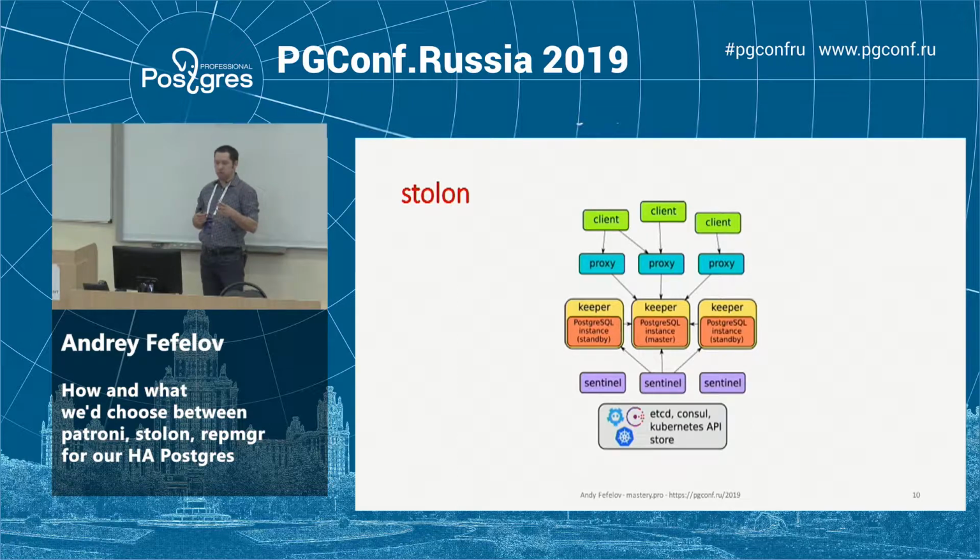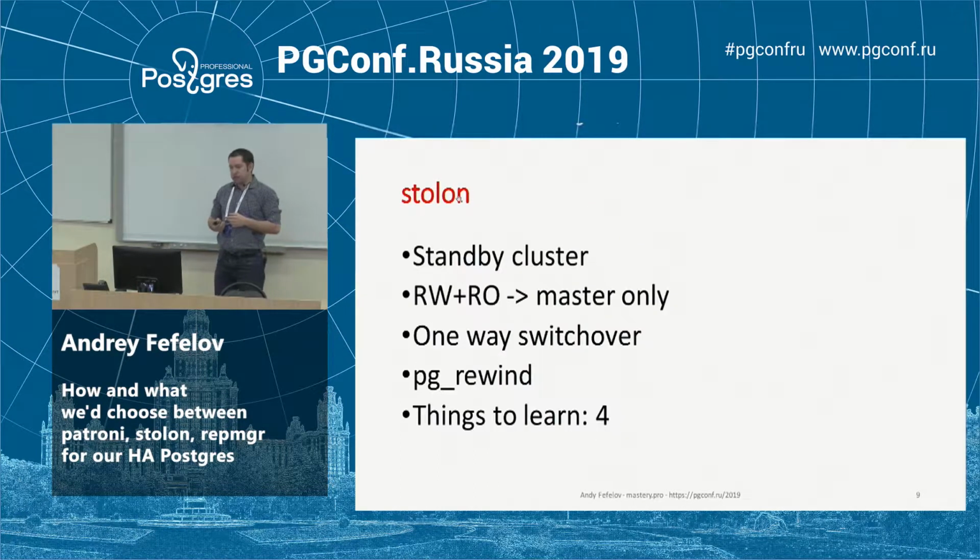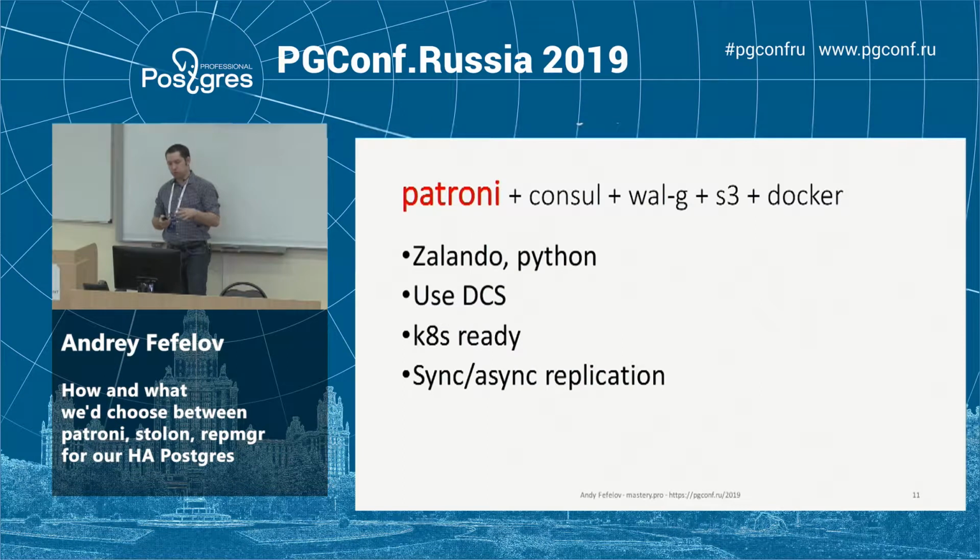Keeper is the daemon which monitors the Postgres status and promotes or demotes it, and Sentinel is the daemon which follows and builds a general picture of the cluster and the distributed external storage, and so forth. These are the restrictions: the queries go only to the master, and it has a specific switchover. Many things that need to be studied brought us to the fact that we started to review Patroni as well.